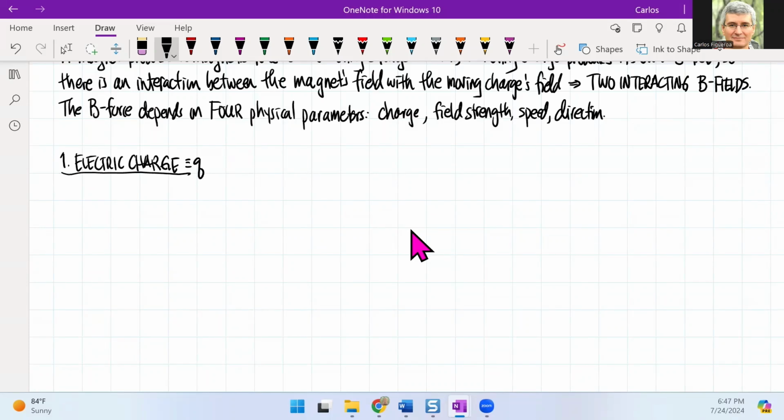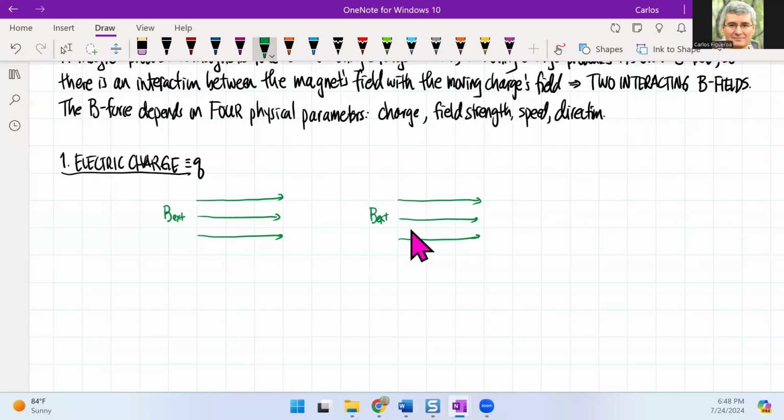Those two interact. So let's say that this is my magnetic field right here. And I'm going to have the exact same magnetic field. I'm not going to change this magnetic field. So this is the magnetic field that's external to the charge.